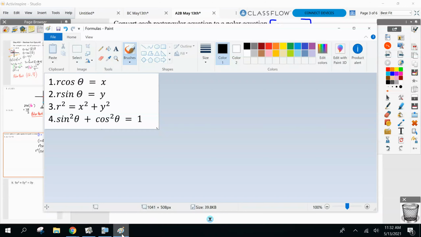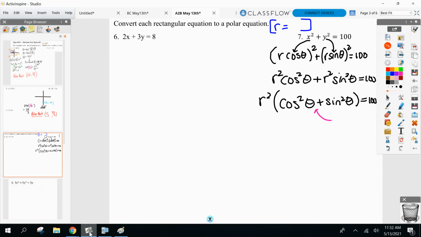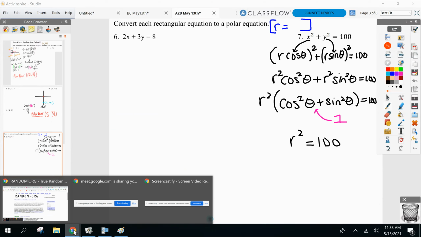Cosine squared plus sine squared, the same as what? 1. There you go. So that's a 1 in there, essentially just wiping it out. R squared times 1 is just R squared. And then from here, still not good enough for me, because remember, it's got to be R by itself.